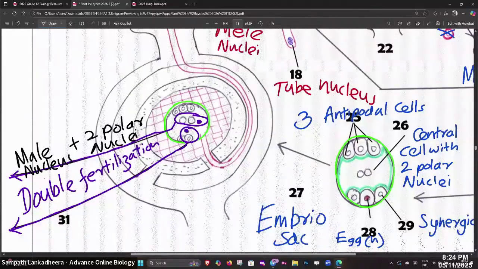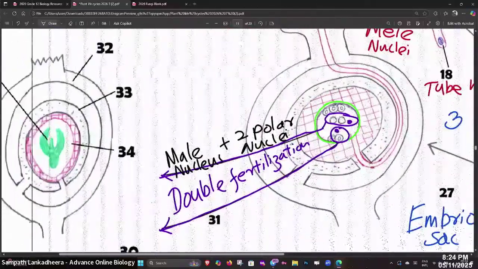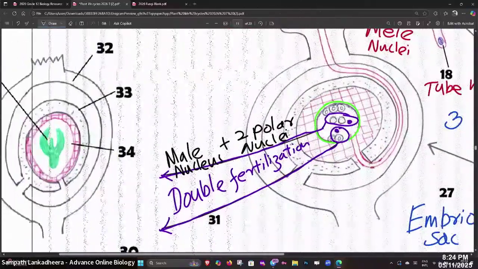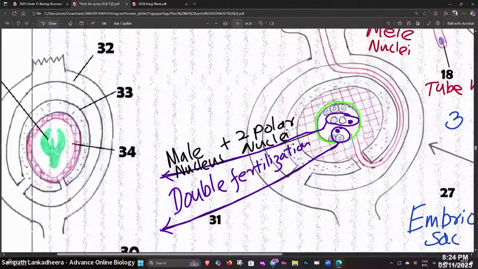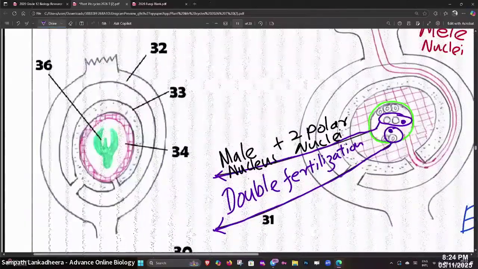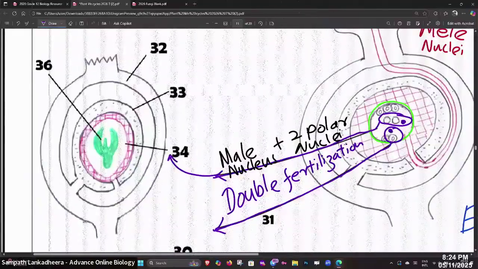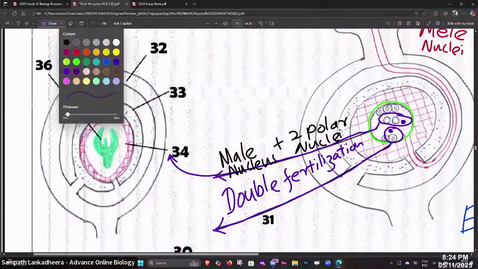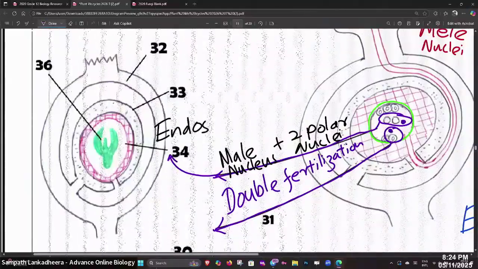The male nucleus goes with the two polar nuclei. The result is, people, number 34. What is 34? 34 is endosperm.